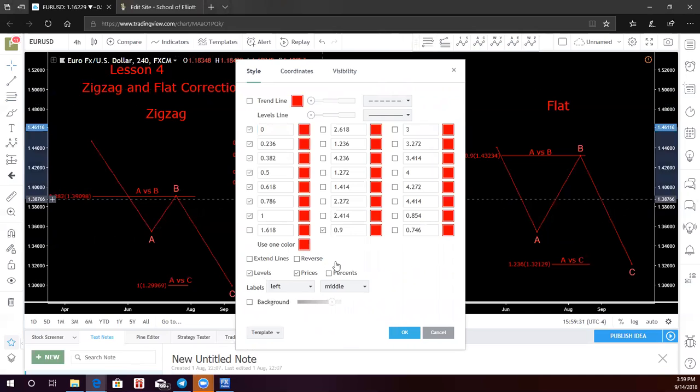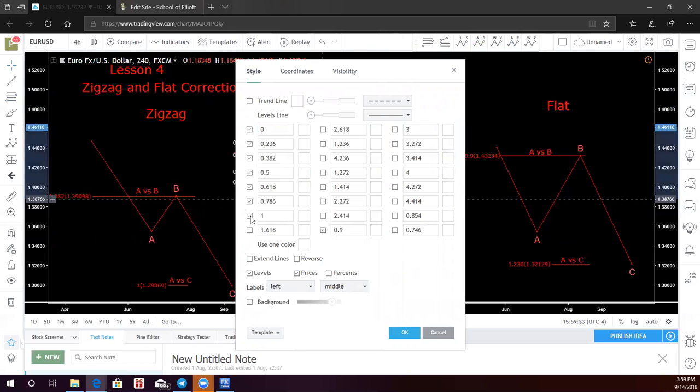Now, the main ratios we're going to be looking for on a wave B are these ratios here: the 0.382, the 50%, 0.618, and the 0.786. There is another one, the 0.85 ratio. However, it's rare that it'll reach it, and if so, it's probably going to be considered a flat correction.